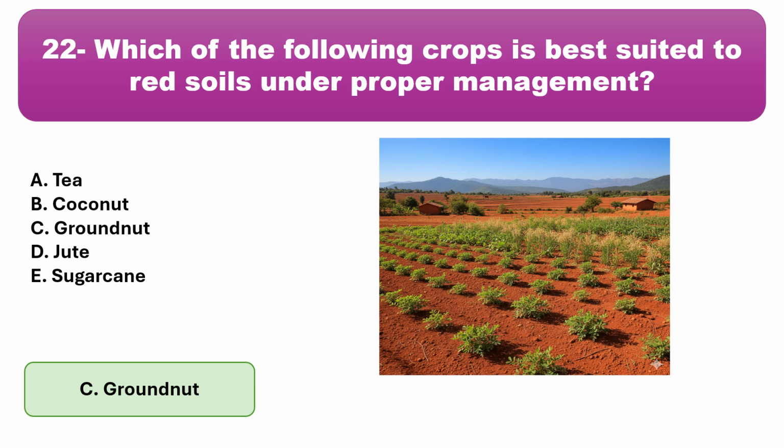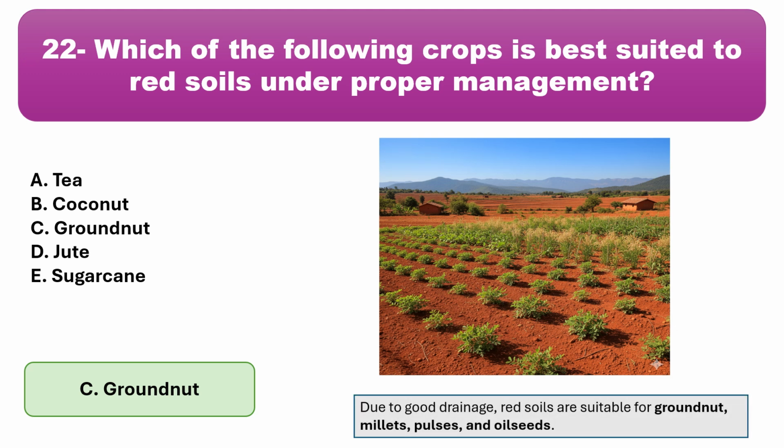Because of this excellent drainage capacity, red soils are highly suitable for crops that do not tolerate waterlogging. For example, crops like groundnut, millets, and pulses do not tolerate waterlogging. As a result, red soils are best suited for crops such as groundnut, millets, pulses, and oilseeds.